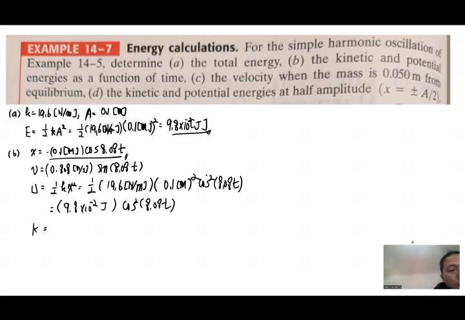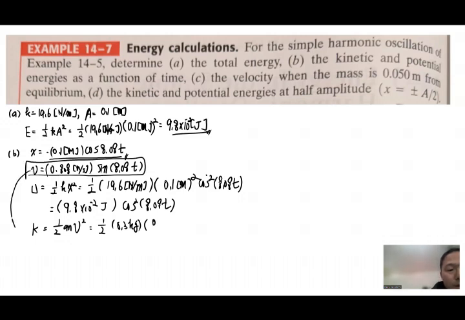Now we need to take a look at the kinetic energy of the simple harmonic oscillator. That should be 1/2 mass times v squared. So mass is 0.3 kilogram, and the velocity, you have the velocity right there.